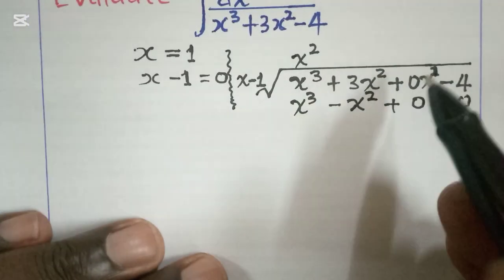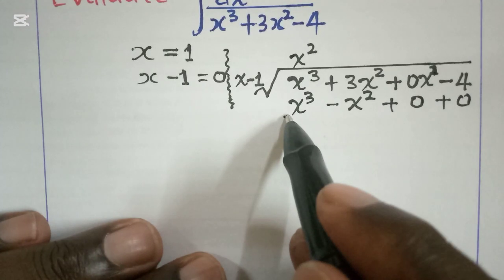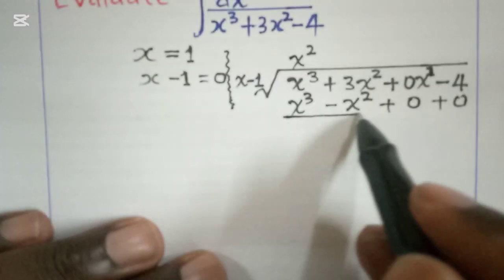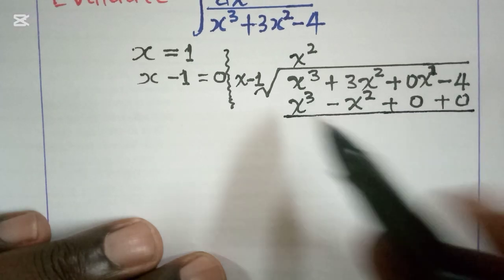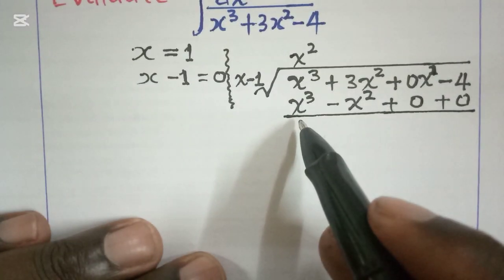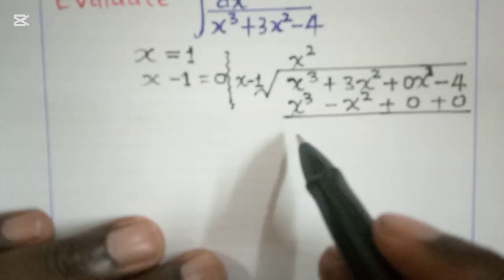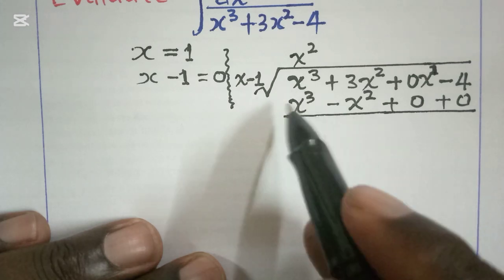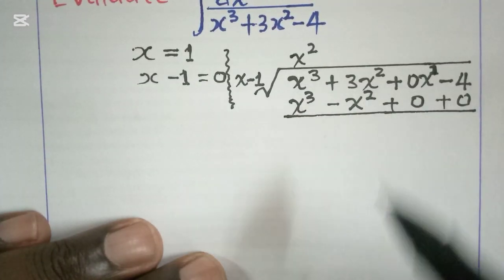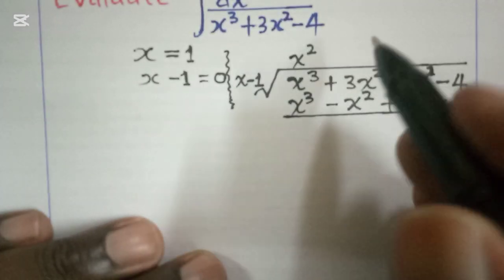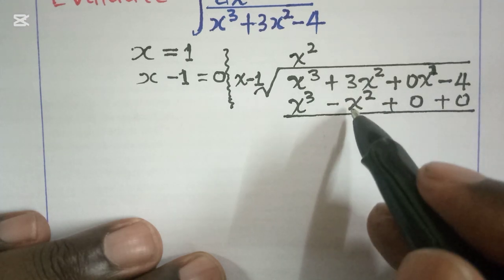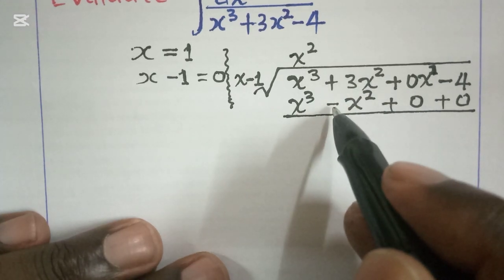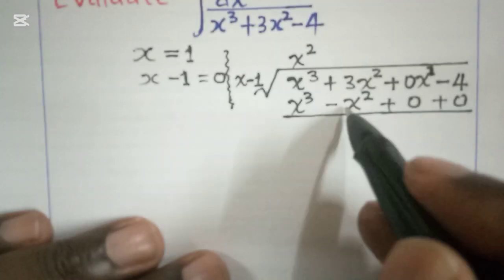Guys, we continue to divide. I now draw a line here, just like in normal division. I come and subtract. If I subtract, we get 0. So we are going to subtract all the like terms. This is 0. This one is going to be 3x squared minus minus x squared. Remember, this is not the minus I talked about earlier; this is another minus.